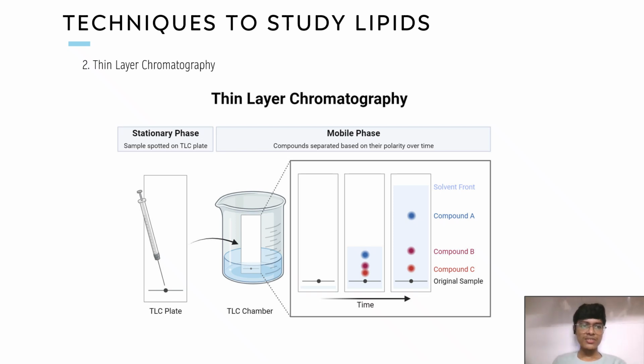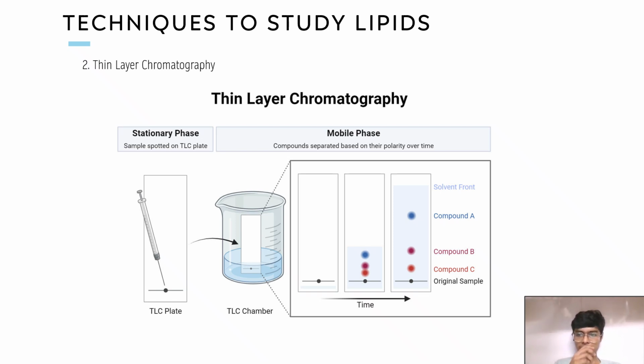The next one is thin layer chromatography. It works on the same principle as adsorption chromatography, separating the lipids on the basis of their polarity. This is the TLC plate, which is composed of some materials. A thin layer of silica gel is applied to this plate, and the sample is spotted on it, which is placed into a chamber filled with the solvent, the mobile phase.